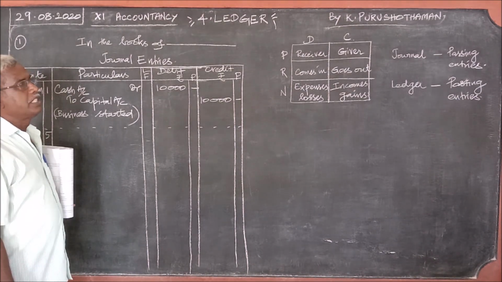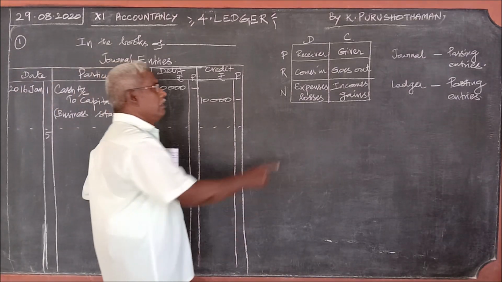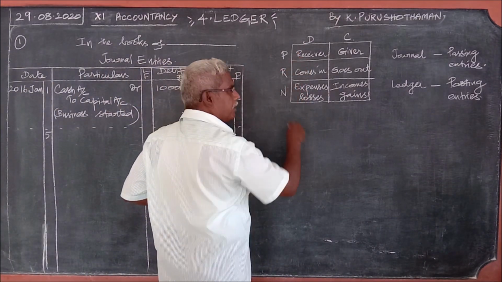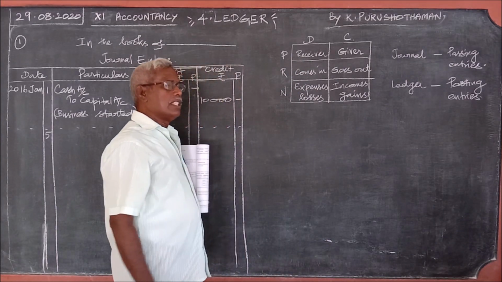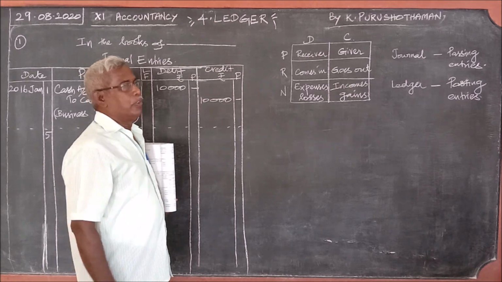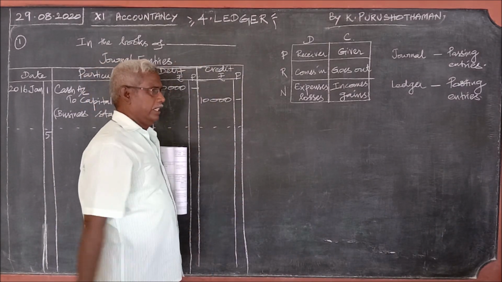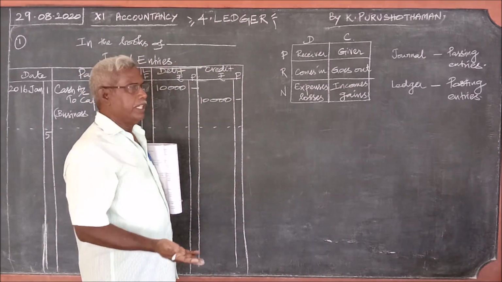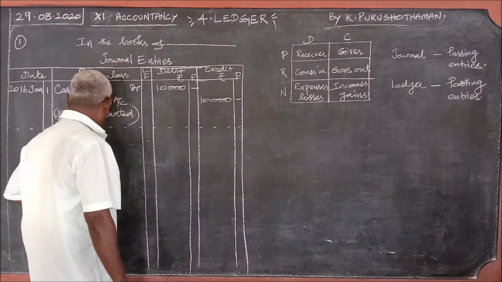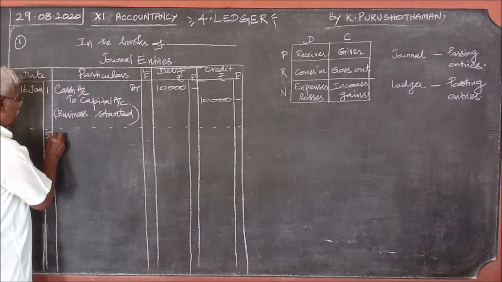Who is receiving the cash? Bank is receiving the cash. Therefore, bank is the receiver, therefore bank account debtor.